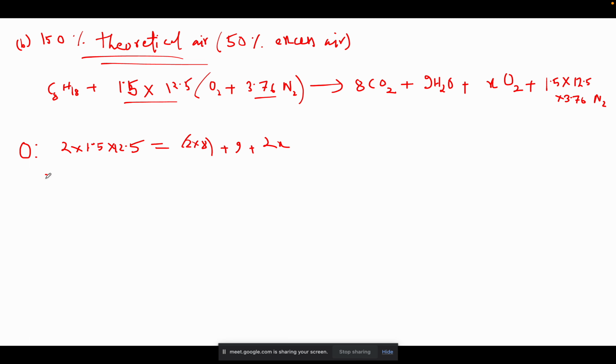Okay, so from here 37.5 minus 16 minus 9 divided by 2 is equal to x. So from here your x is equal to 6.2. Okay.